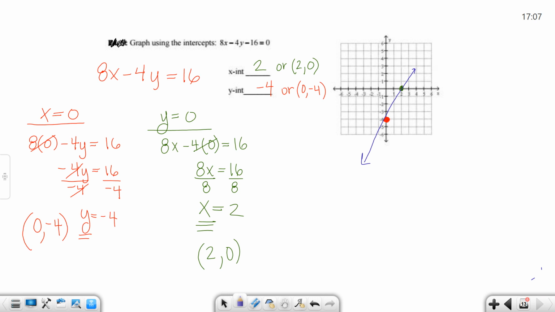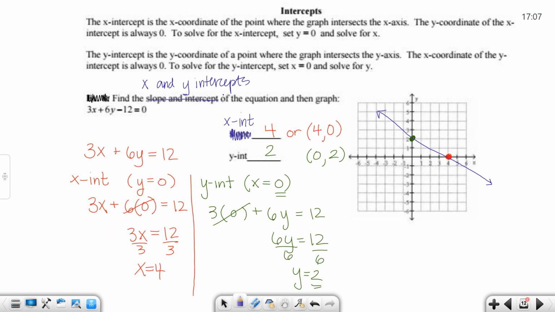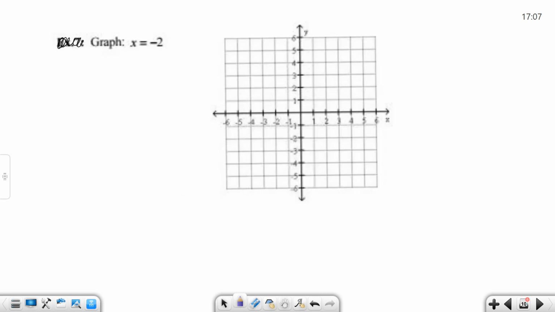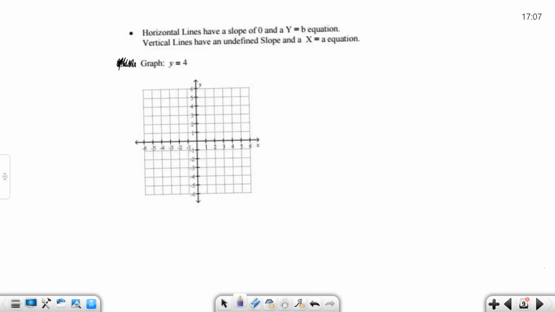There's one other topic that I skipped that I want to go back and grab. And that's the concept of horizontal and vertical lines. Horizontal lines have a slope of 0, and their equations start with y equals. Vertical lines have an undefined slope, and their equation starts with x equals.